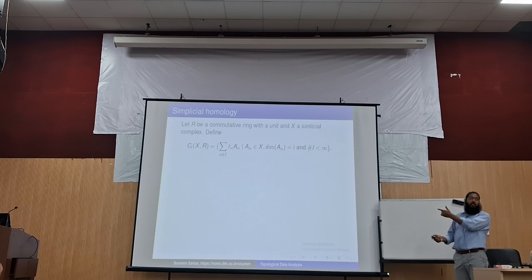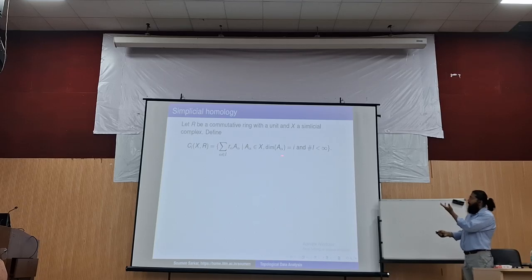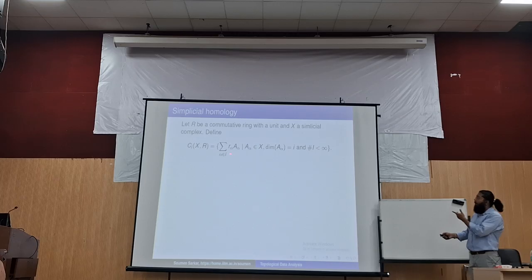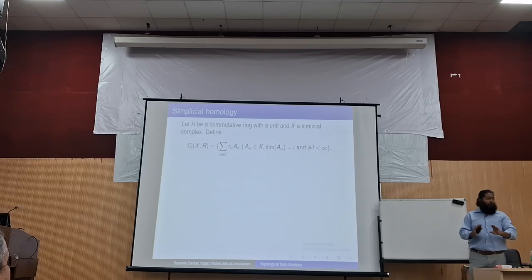So it looks like a linear polynomial, nothing but a linear polynomial kind of thing. The coefficients come from some field, I mean a ring; here it is a ring or field, whatever you see. This is a finite sum, so it makes sense, right? We should be clear about that.